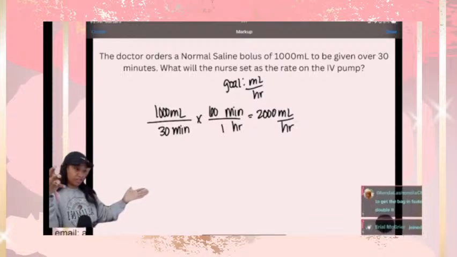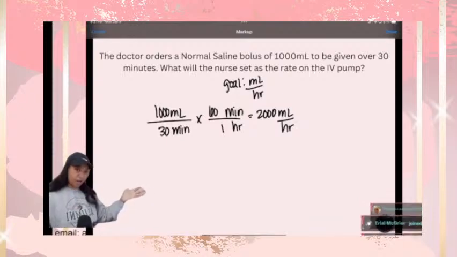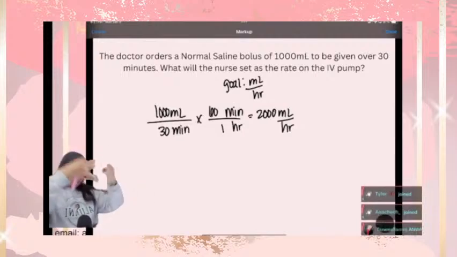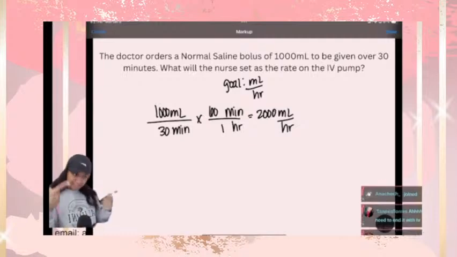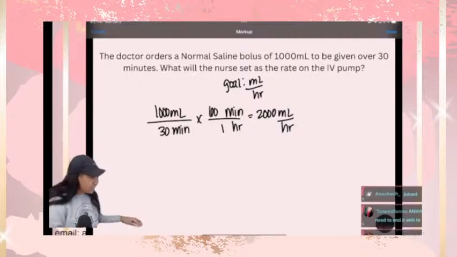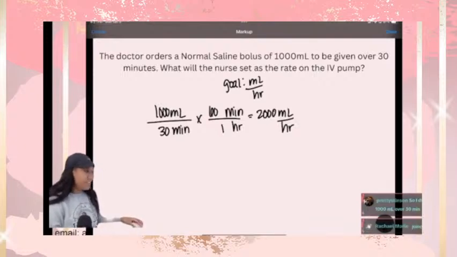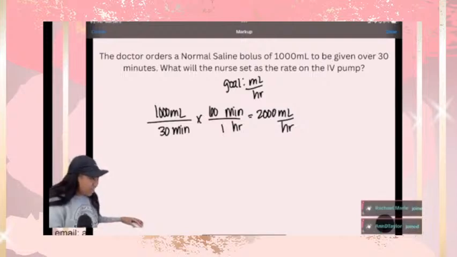If you're giving 1,000 over an hour, then it would be 1,000 milliliters. But you're giving that in twice the amount. So it's going to be 2,000 mLs. They're trying to get the bag in fast. So you have to double it. Yes, you're getting it. And you need milliliters per hour. So I didn't need to divide 1,000 over 30 minutes.